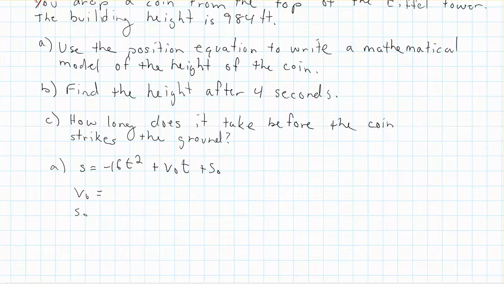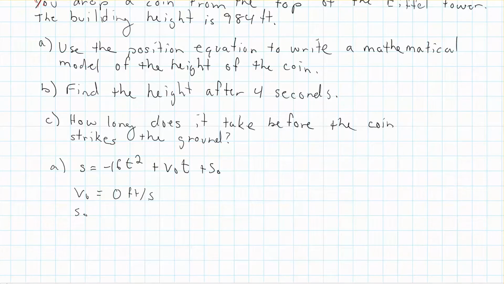So we're not throwing the coin down and we're not throwing the coin up. Since we're just dropping it, there is no initial velocity on the coin, because you have it in your hand and you're literally opening it. Once you open it, it's going to immediately start getting velocity, but the moment you precisely open your hand to drop the coin, it has no velocity. So our initial velocity is 0 feet per second.